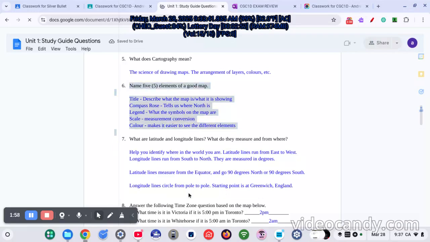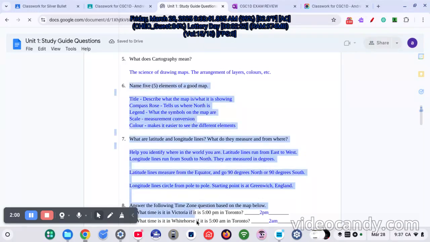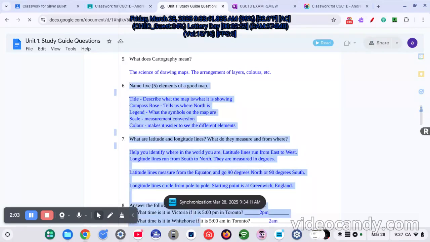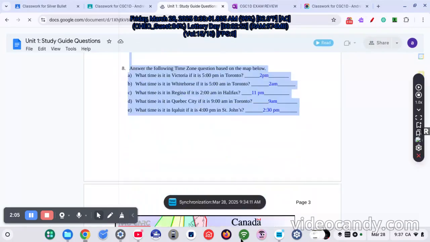Yesterday we started Unit 2, our Earth's processes. Let's take a look at what we have so far. I have one piece that I need to get rid of.